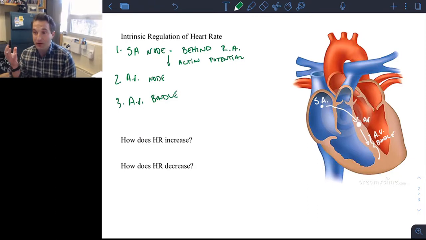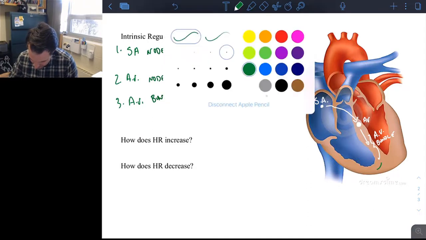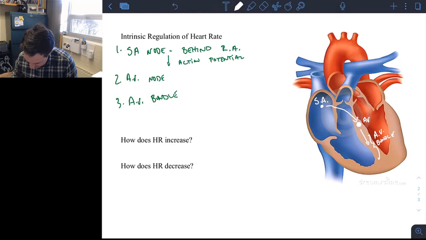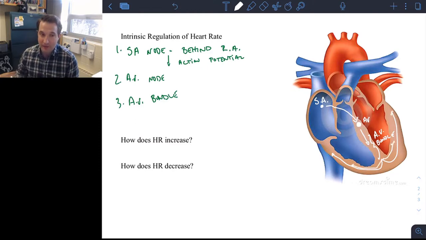And this is just a bundle of neurons right here that are going to help transmit this action potential. From there, we'll go back to our white. You then have up and around the points of your heart your Purkinje fibers.